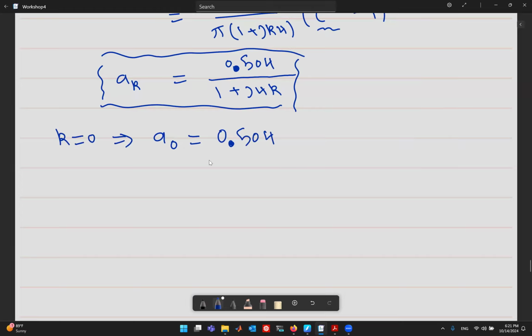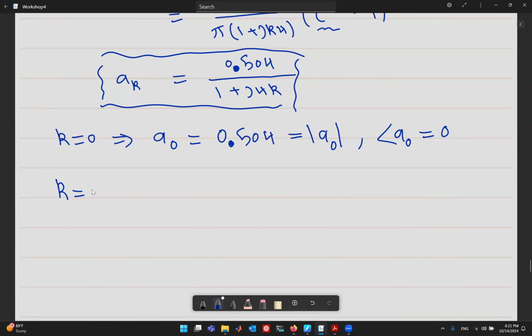And for this coefficient, it's purely real, so this is the same as its magnitude, and its phase is 0, right?